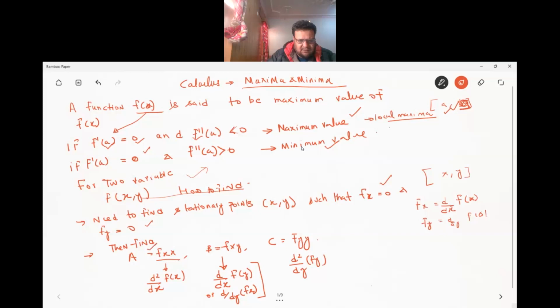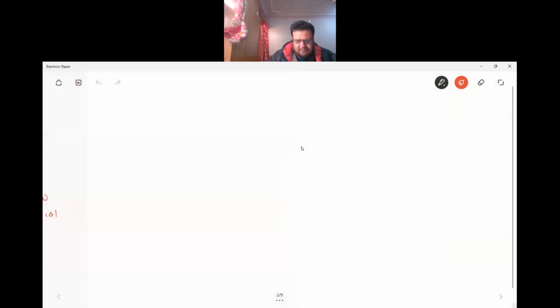Then you associate some numbers: a is equal to f of xx, which would be the second derivative, d square by dx square of f; f of xy you can get as d by dy of f of x, the partial differentiation, wherein f of x you already have the first derivative of your function; and f of yy is the double derivative with respect to y.